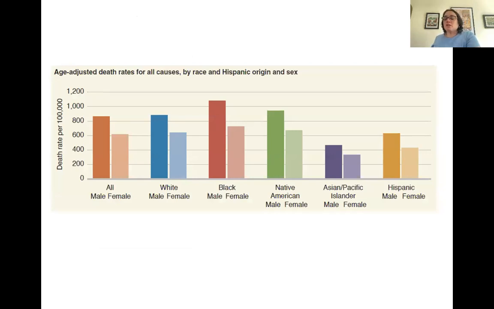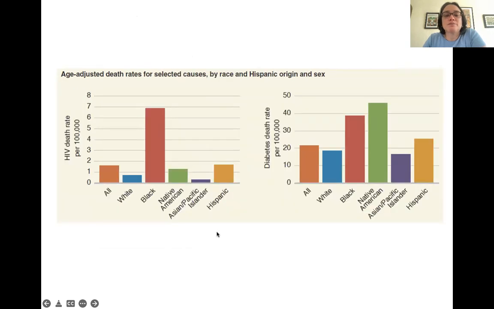The reading gave us some examples also of the disparities in health. And here we have the age-adjusted death rates for all medical causes by race and Hispanic origin and sex. Here we see how African-American men in particular have a higher rate of death than all other groups.